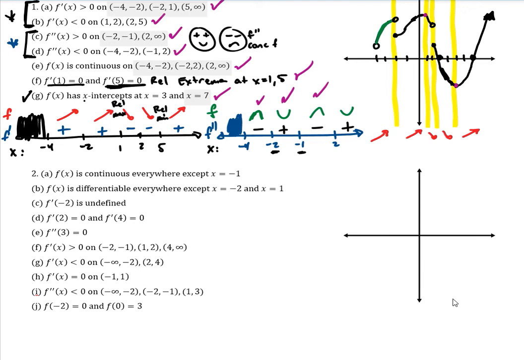So in number 2, we have f of x is continuous everywhere except x equals -1. All right, so this I'm going to mark down right away, and I'm going to start sketching a little bit based on these values. I see 1, 2, 4, -2, so I don't see anything too big. So let's go 1, 2, 3, 4, 5, and 1, 2, 3, 4, 5, 1, 2, 3, 4, 5, 1, 2, 3, 4, 5.